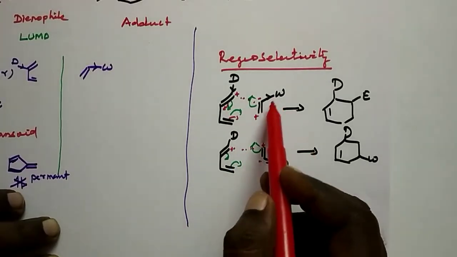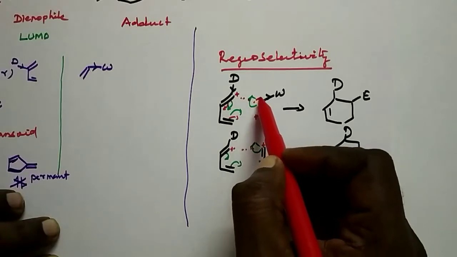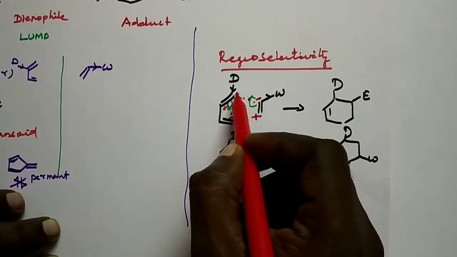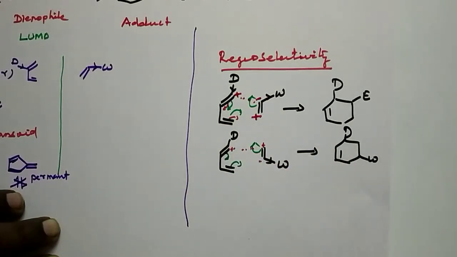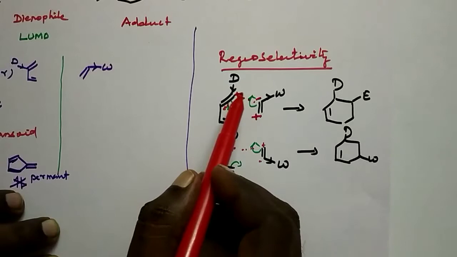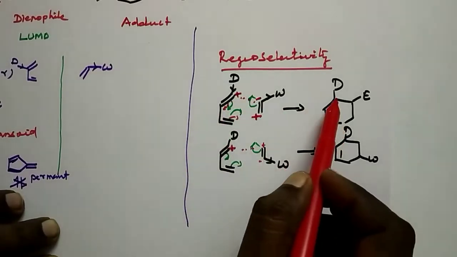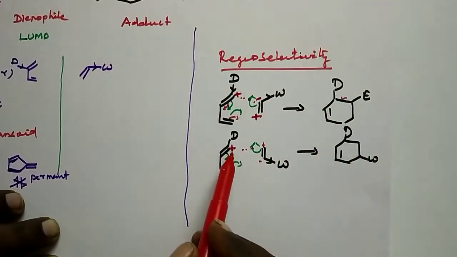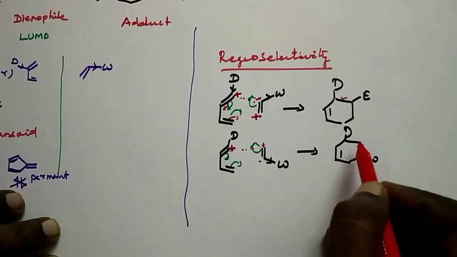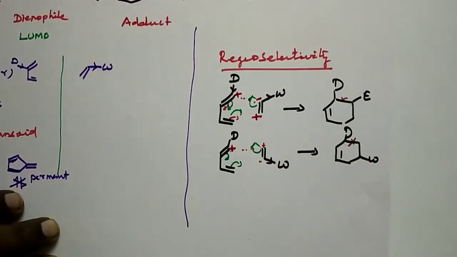Adjacent to the electron withdrawing group you need negative charge, and in the same way, adjacent to the electron donating group you need positive. So positive, negative possible, so bond formation is alright. But here positive, positive not possible, so this bond is not possible.